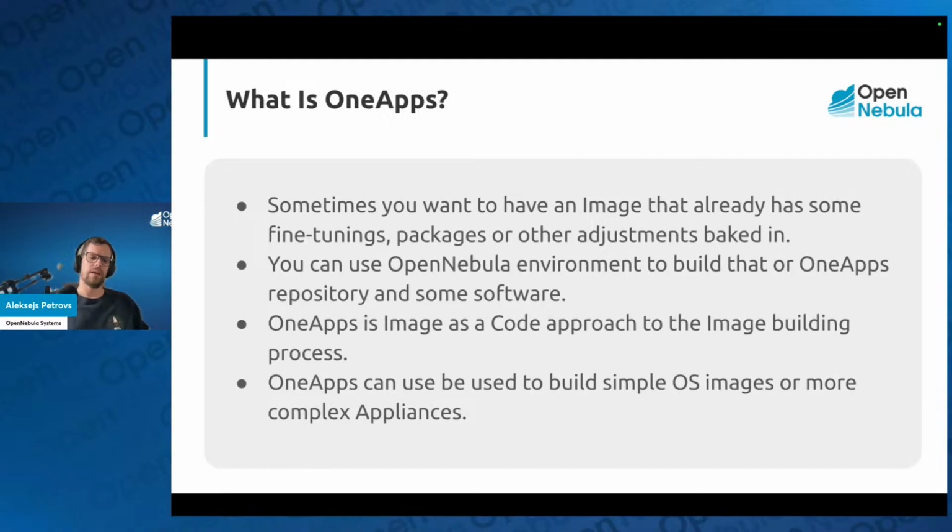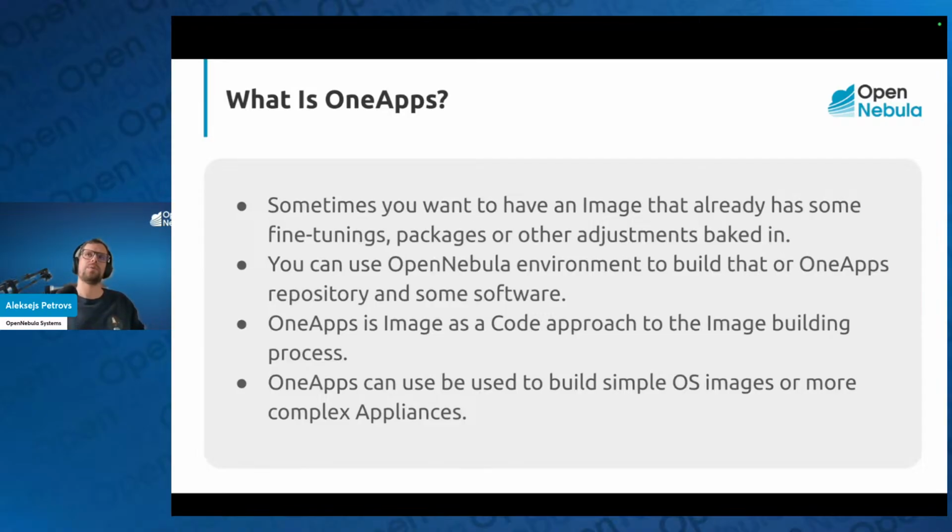An image with the OS can be, let's say, Ubuntu or Alma Linux, and that image is pretty much vanilla. It may have some tools installed, for example Docker or Apache web server or Nginx web server. So something like that can be installed there, but it's still pretty much an operating system with some software.